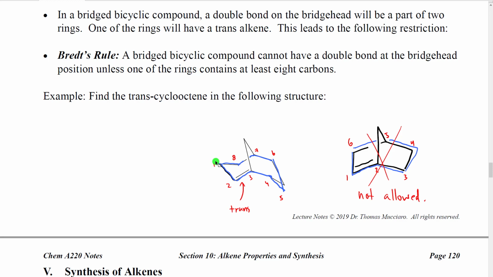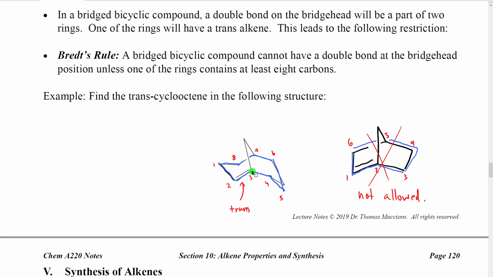The issue with double bonds at the bridgehead of a bicyclic compound is that we're going to have one bond coming in on one carbon of the double bond, and that's going to be in a particular position. Then on the other side, at the bridgehead, we're going to have 2 bonds leaving, going to 2 separate rings.